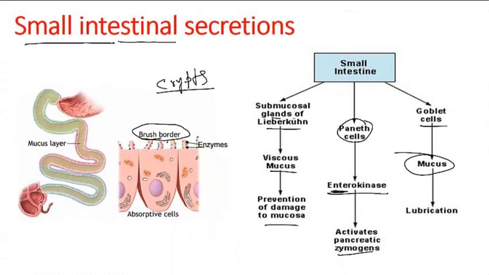It's like a brush border because those are the microvilli of the cells that we can see. And the concept of villi and microvilli is that normally the cell lining should be like this. Once they form villi, it starts to form like this. Once it forms microvilli, it starts to form things like this.